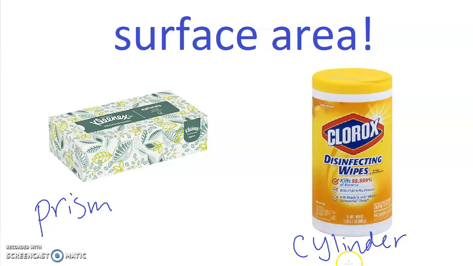If you remember, prisms and cylinders had one thing in common: they both had two bases. Prisms have two bases, and cylinders have two bases as well.